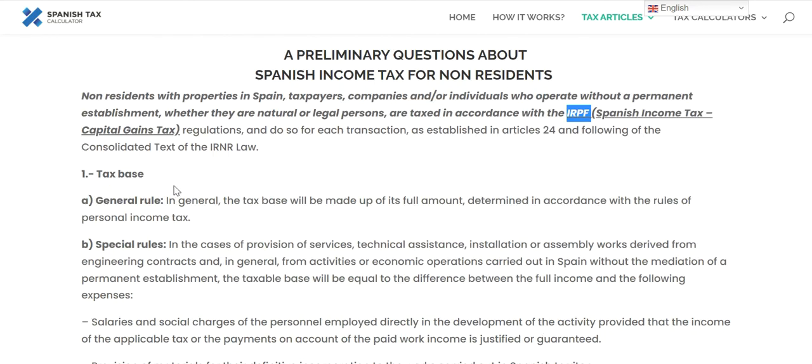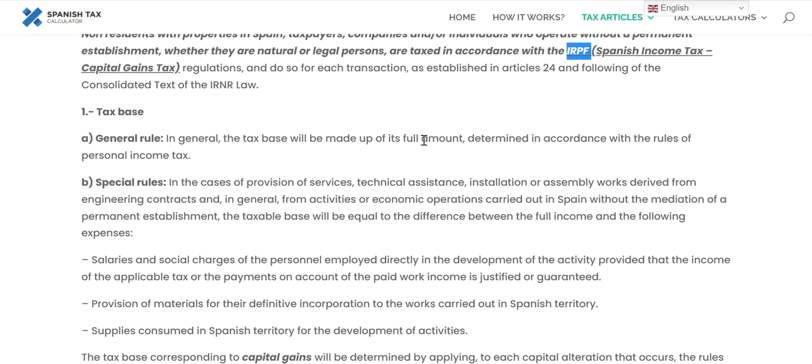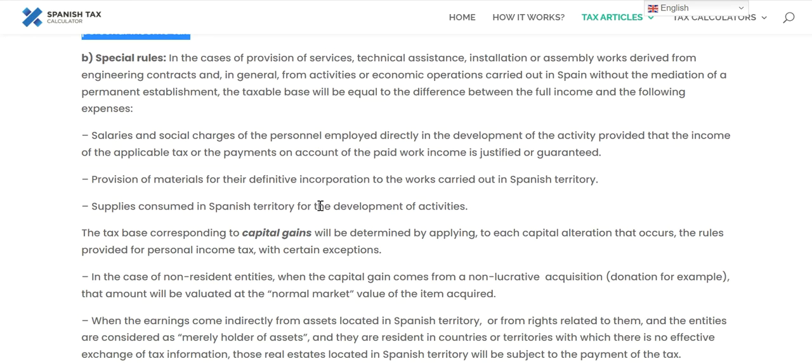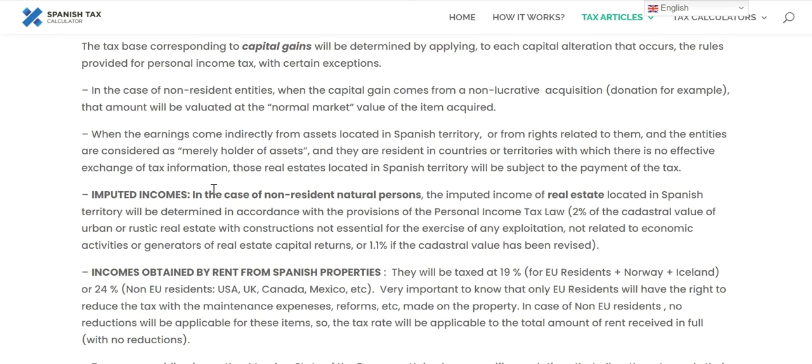The tax base. The tax base is the full amount of incomes which are generated in Spanish territory. There are several special rules, and one of the things that we will consider here is the imputed incomes. So purely, the income tax for non-residents taxes whatever incomes or earnings that are received by non-residents from the Spanish territory.